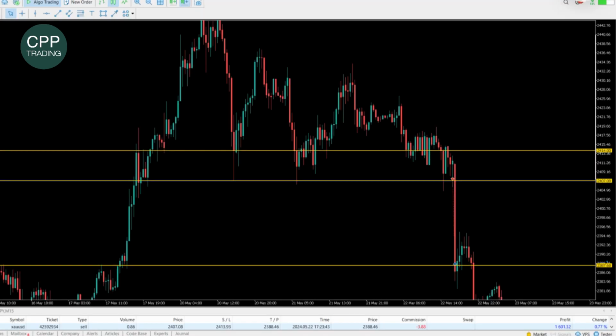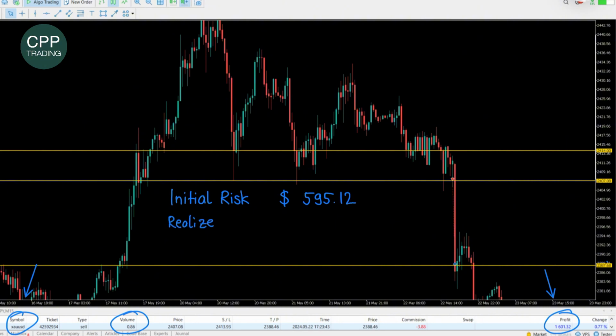So let's review this trade. It was taken on gold, XAU USD, with a lot size of 0.86, made a $1,600 profit, which was very good considering our overall risk of $600. So the initial risk was $595.12 to be specific, and we realized a profit of $1,601.32.